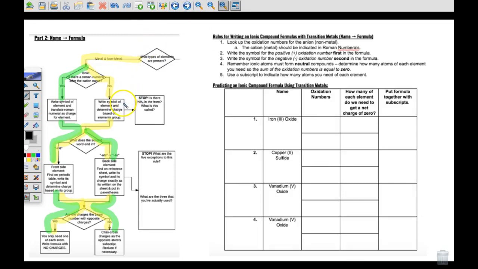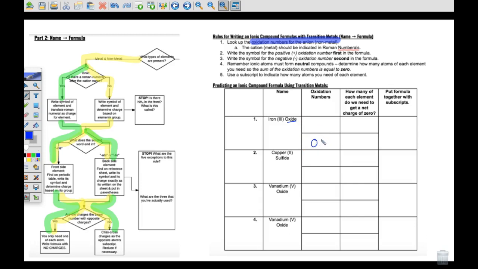In order to create neutral ionic formulas from a name, we have to be cognizant of what we know and what we're given. Our first step is to look up the oxidation number for the anion, or the nonmetal. So in this case, in our first example, I have oxide, and oxide stands for oxygen. And oxygen is in a family where the oxidation number is defined.